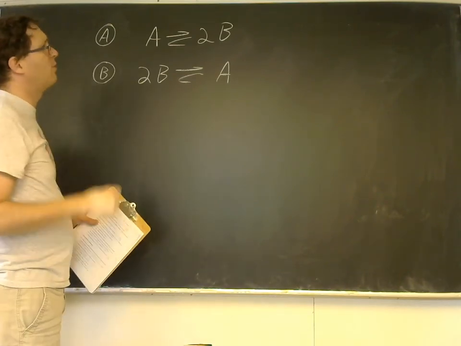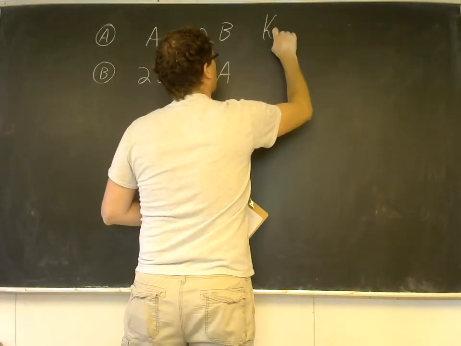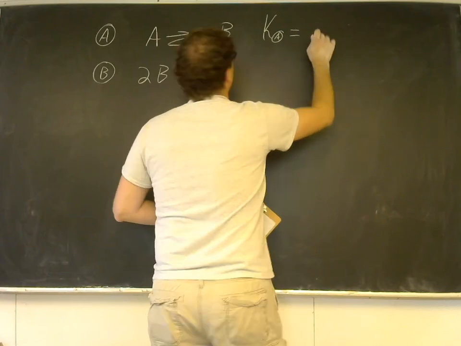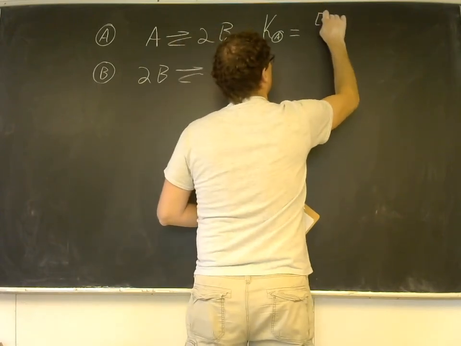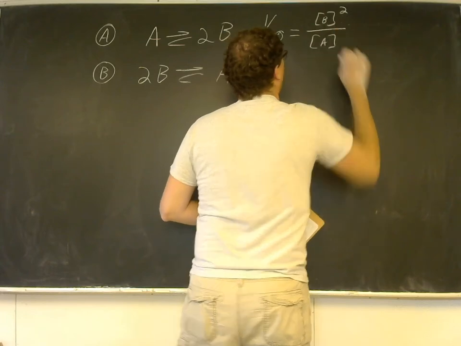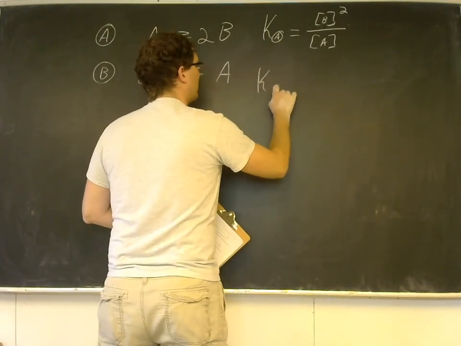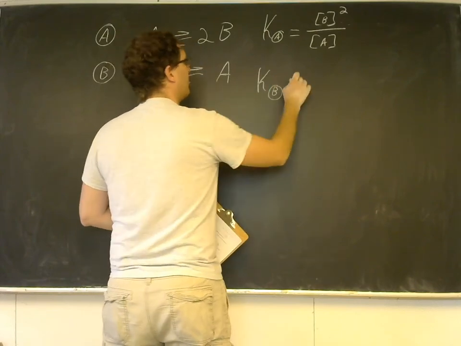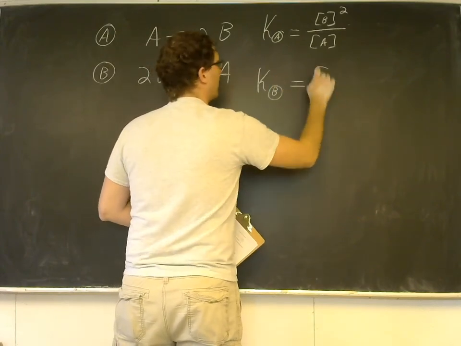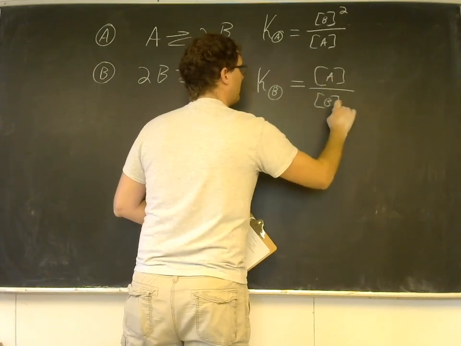And so what is the equilibrium expression for reaction A? That's going to be the concentration of B squared over the concentration of A. And what is the equilibrium constant for reaction B? That's going to be the concentration of A over the concentration of B squared.